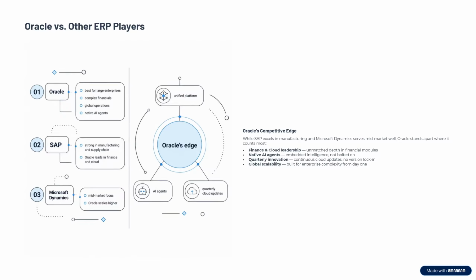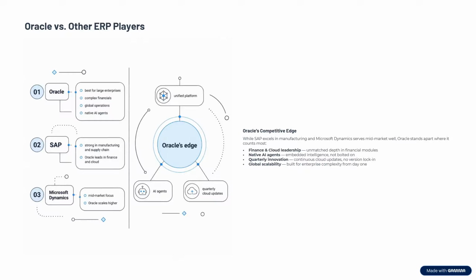SAP is completely suitable for manufacturing and supply chain organizations. Microsoft Dynamics is focused on the mid-sized market. But Oracle is completely suitable for large organizations, and if there are any complex financials, we can use Oracle.